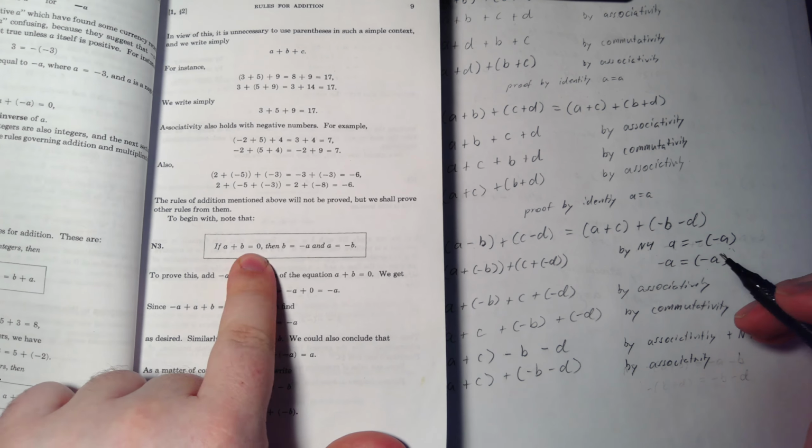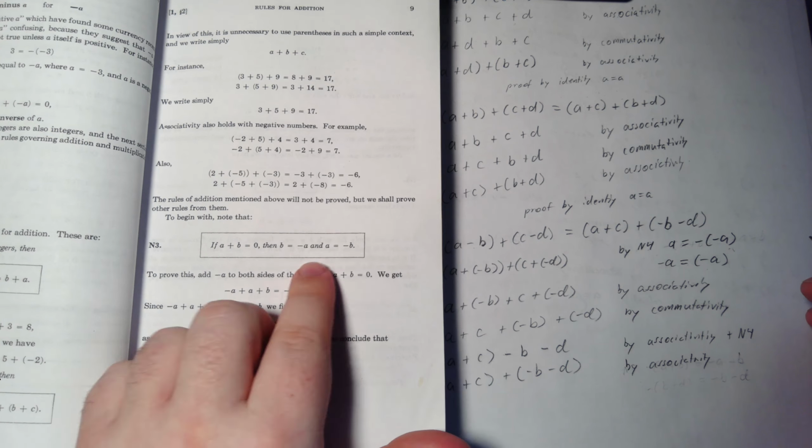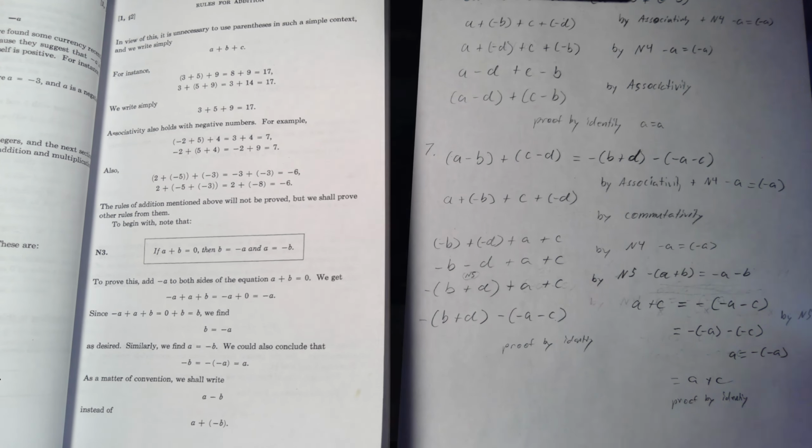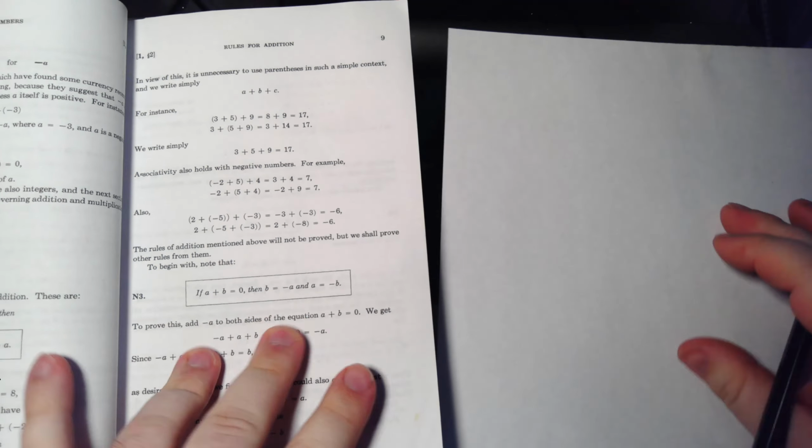Well, I think it's for... Oh, this is proving because of N3. A plus B equals 0, effectively. I think. Let's move on to problem 8, and ignore the growing feeling that I don't know what I'm doing.